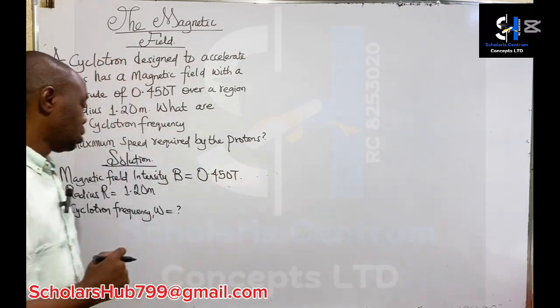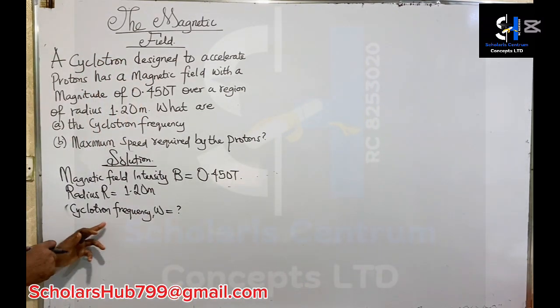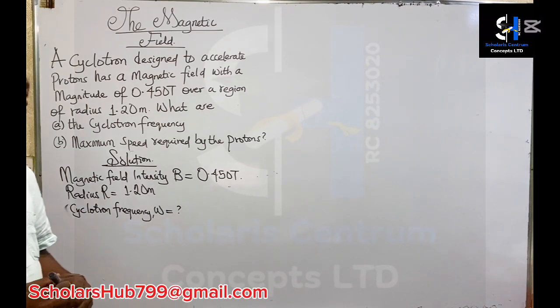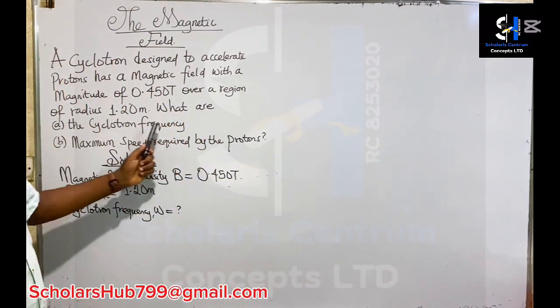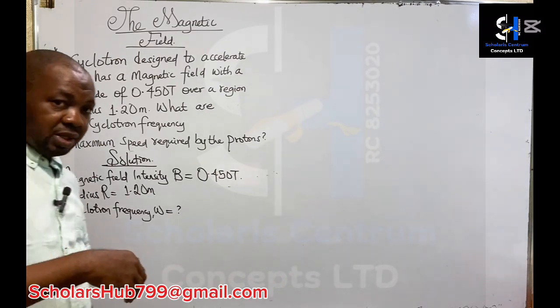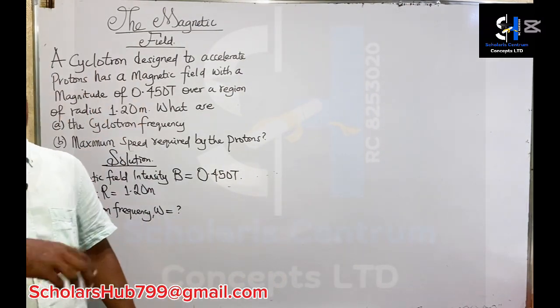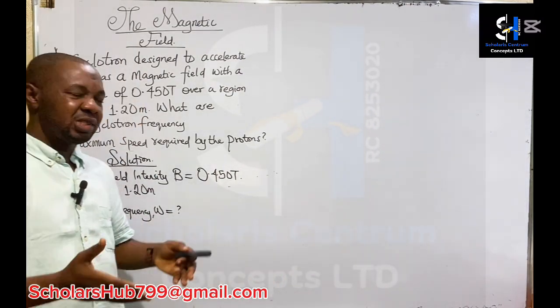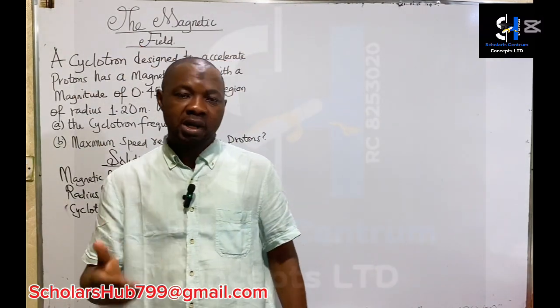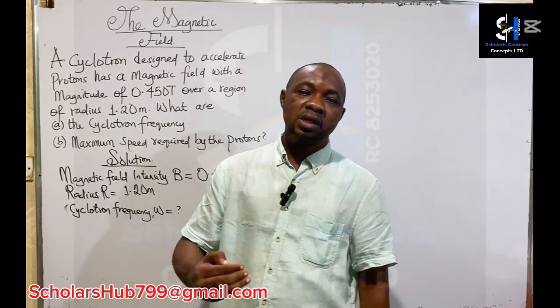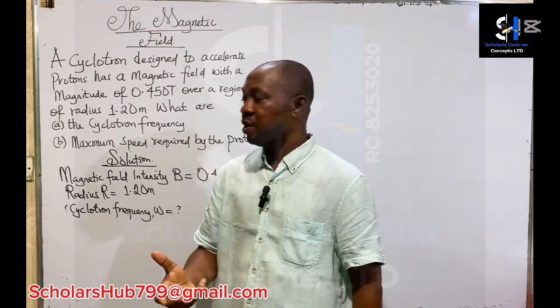To be able to calculate the cyclotron frequency, the frequency of a charged particle such as a proton, describing a circular orbit along its path when it is moving in a transverse uniform magnetic field, will be independent of the velocity of the charged particles.